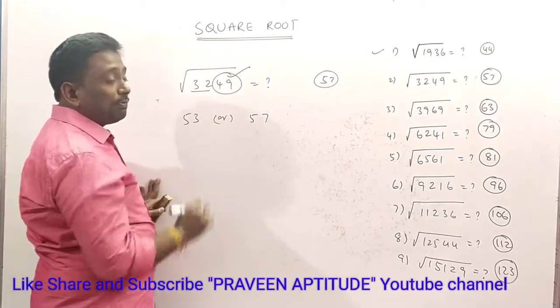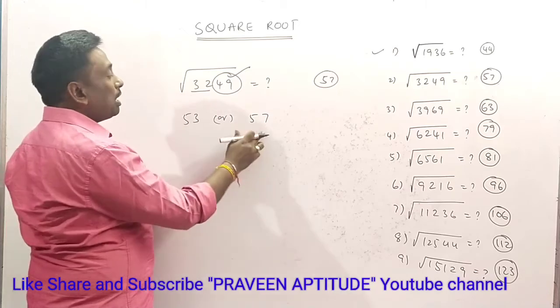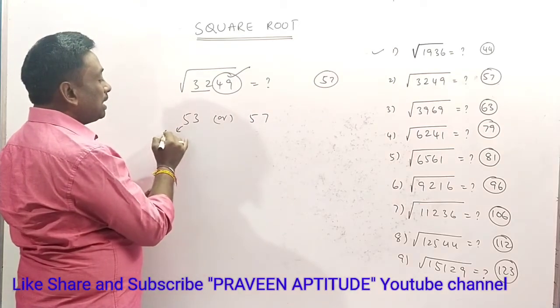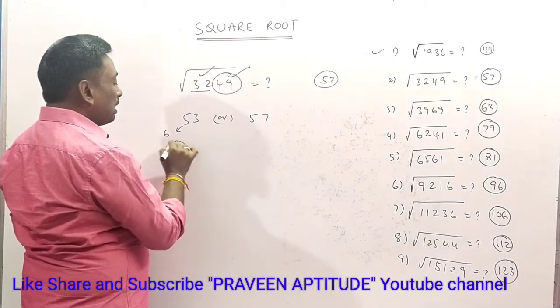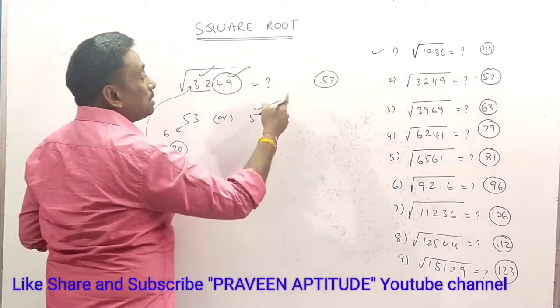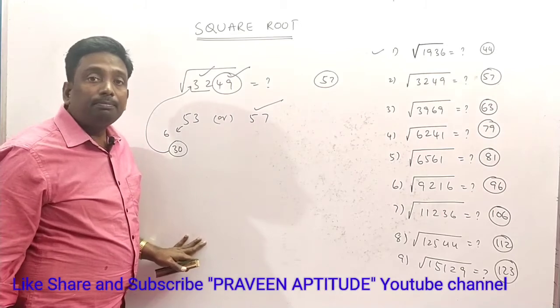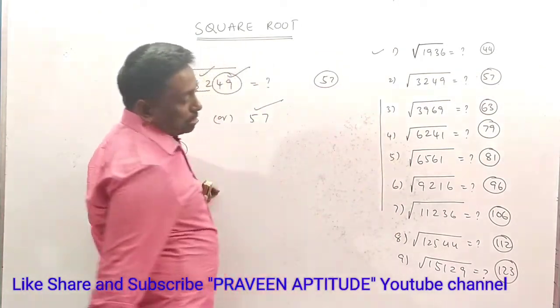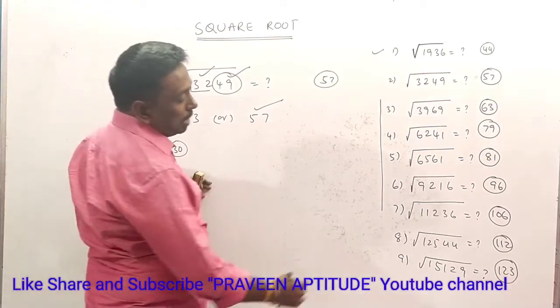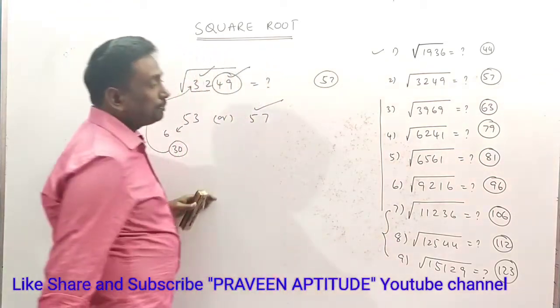That means 53 or 57. How do you know 53 or 57? 5 6s are 30. 32 is here. 32 is greater than 30. That's why the greater number is the square root of that number. Here you take this screenshot and solve later. I will explain the last 3.